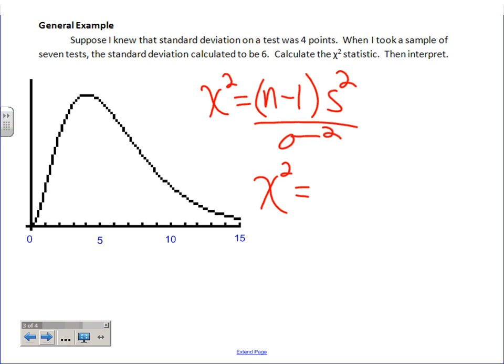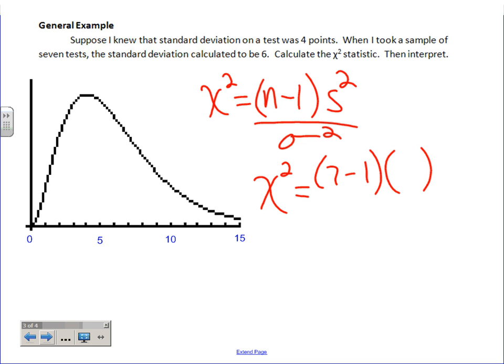So what is n in our problem? 7. Okay, so 7 minus 1, because again, let's face it, what is that? But what does it stand for? Degrees of freedom, right? Okay. And so S, where are we at for S? Now, how do you know which one's S and which one's sigma?